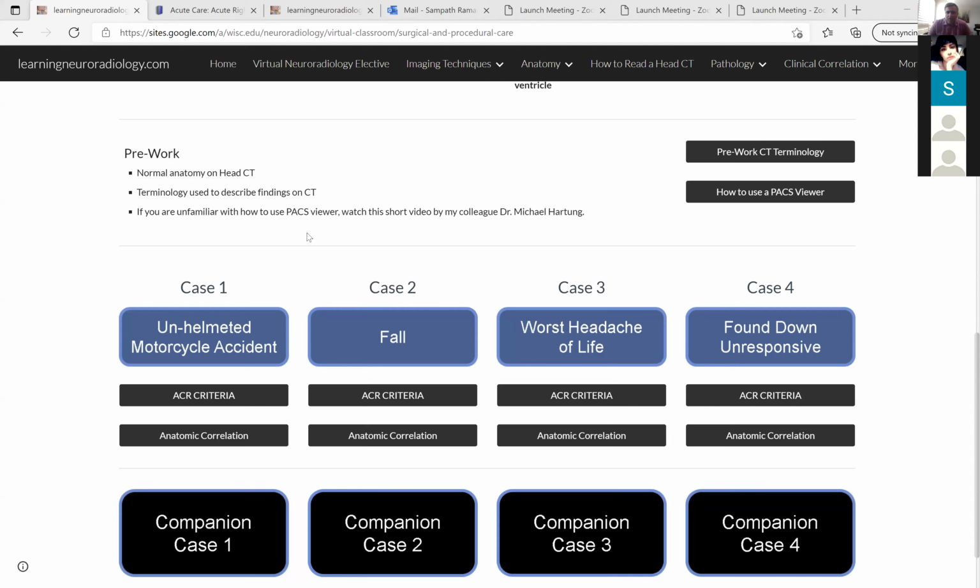As you saw, in some of the cases we can see things that are very obvious, like those bleeds, but sometimes an ischemic infarct is very hard to see on a CT of the head. When you look at a CT of the head, you are basically looking for structural abnormalities, anatomic changes.